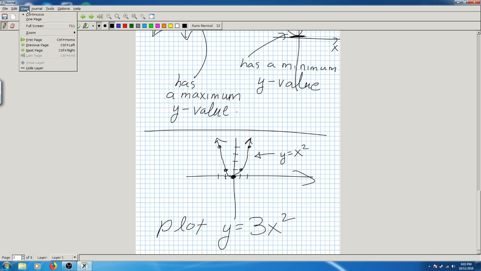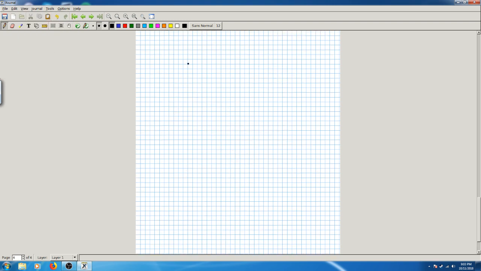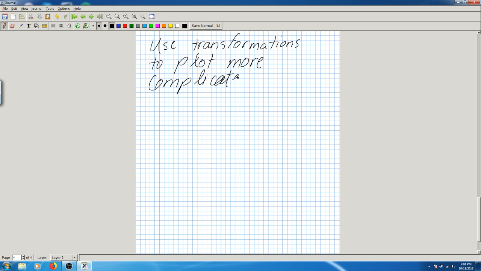We plot stuff like that by using transformations, to plot more complicated parabolas, or quadratic equations, let's say. So for example, y equals 3x squared. How do I plot something like this?